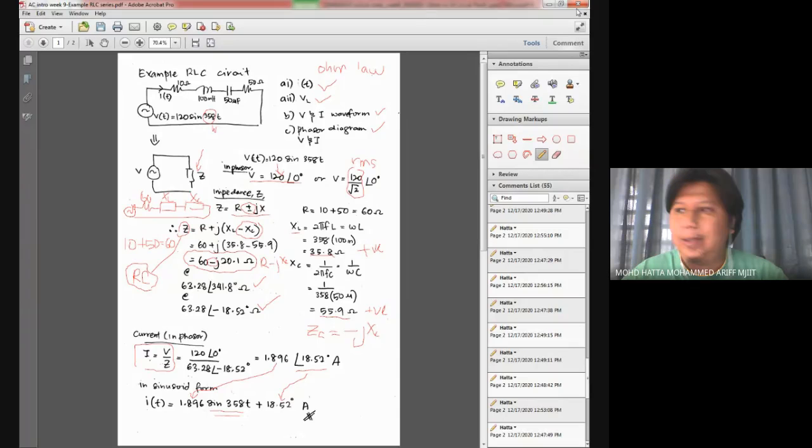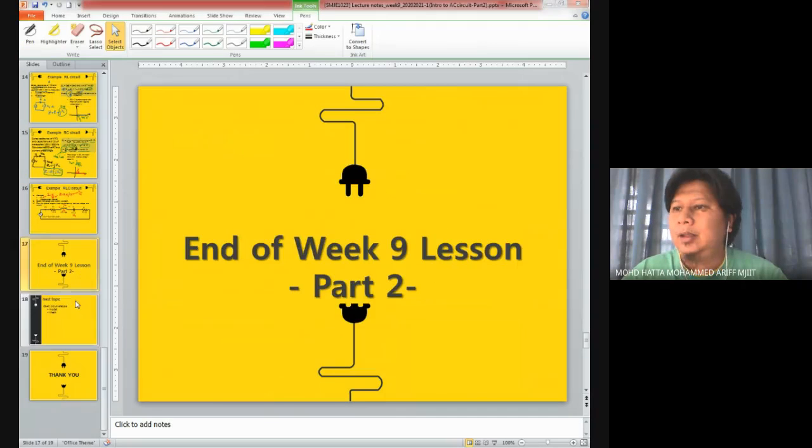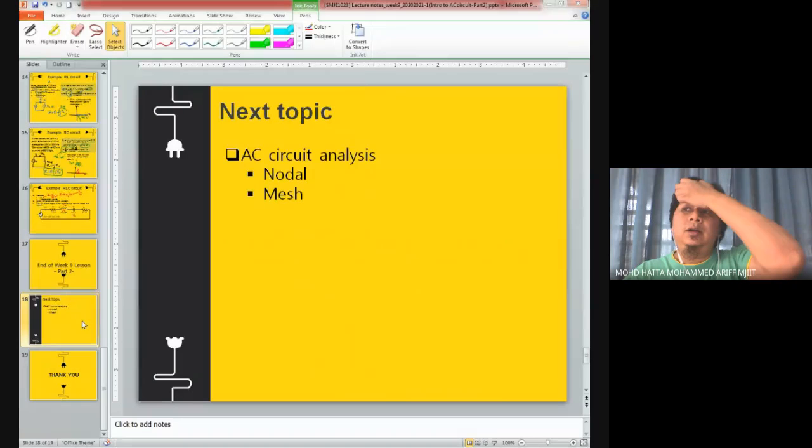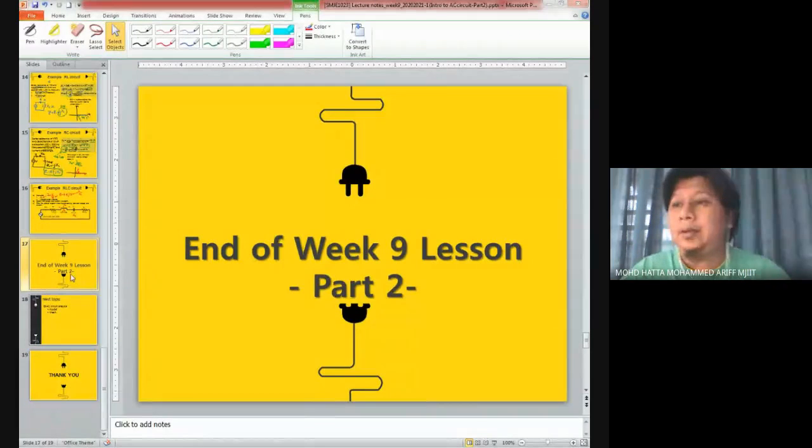Okay, I think we are towards the end of our lesson, and in summary, we discussed more examples of analyzing RLC circuits, as well as AC circuits in general, and we also learned more about the phasor diagram and also RMS in this class.